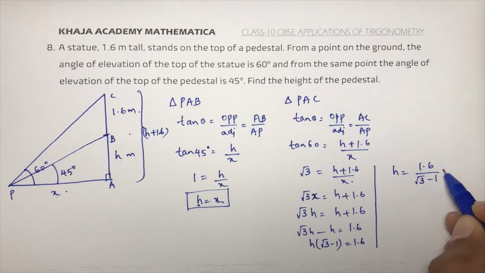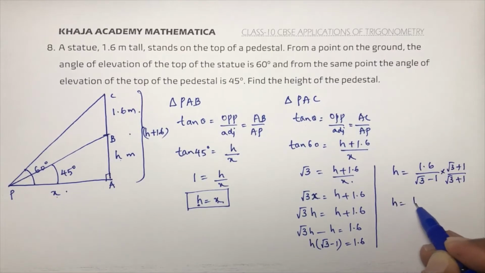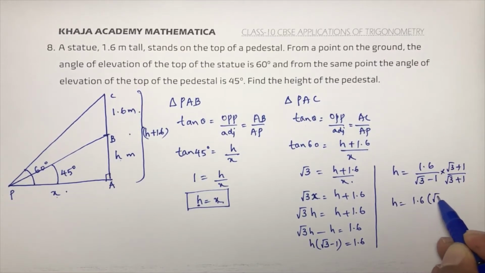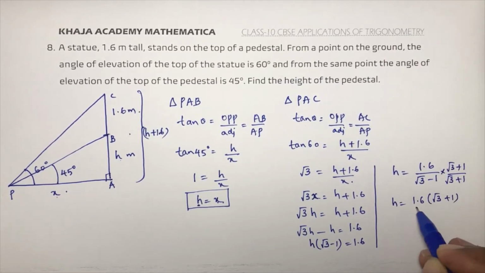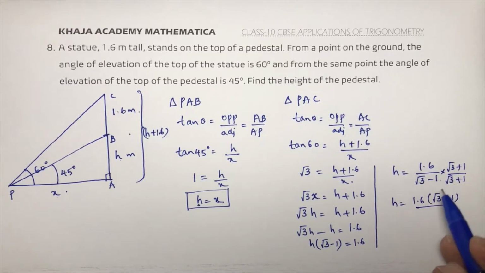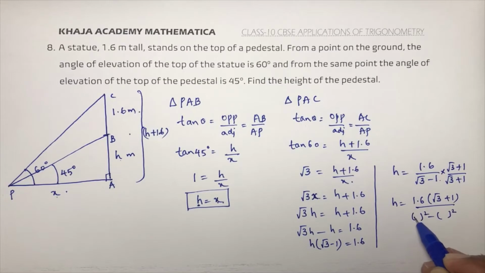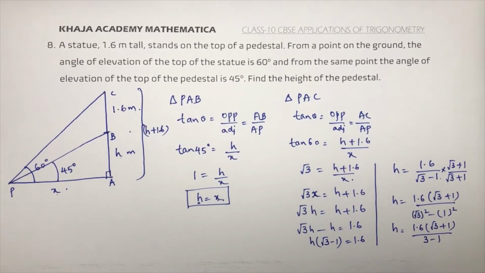If I rationalize this, multiplying by root 3 plus 1 by root 3 plus 1, h equals 1.6 into root 3 plus 1 by, a minus b into a plus b is a square minus b square. So here root 3, here 1. 1.6 into root 3 plus 1 by 3 minus 1, which is 2.